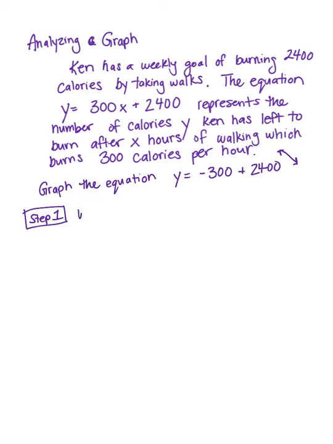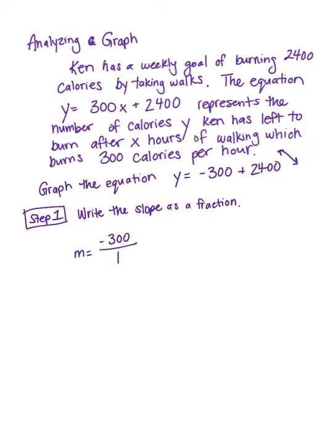So we have m equals, our slope equals negative 300 over 1, right? Because then that maintains the value, but now we have a fraction.